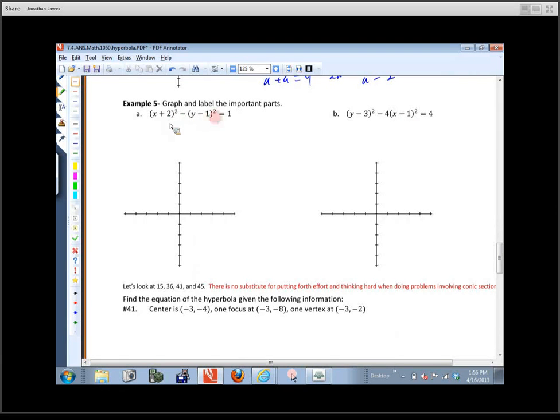What is this? It's a hyperbola. It still is a hyperbola. It's already in the graph-friendly form, isn't it? Yeah. Center is at -2, 1, back 2, and up 1.